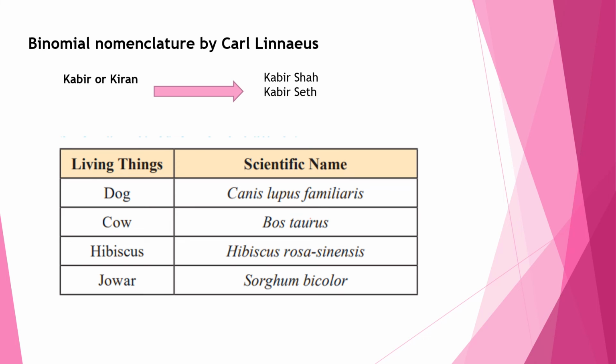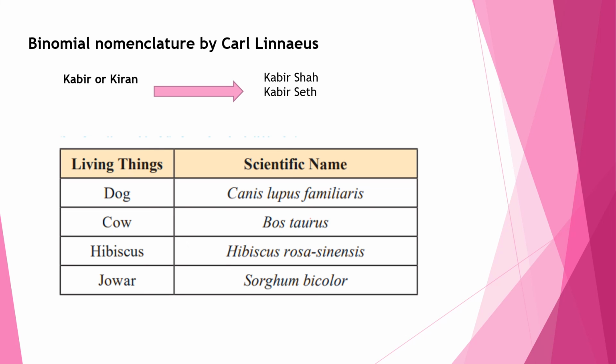So according to binomial nomenclature by Carl Linnaeus, whenever we give a scientific name, we need to say its genus and species. Here you can see a table giving living things and their scientific names. First is the dog, Canis lupus familiaris. Cow, Bos taurus. Hibiscus rosa-sinensis. Jowar, Sorghum bicolor.